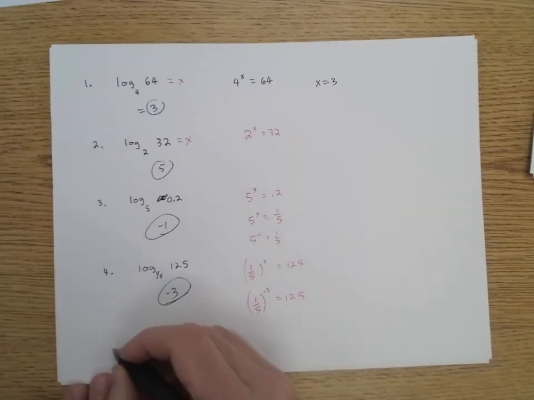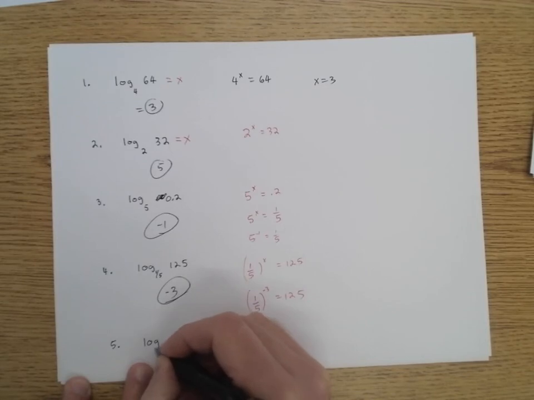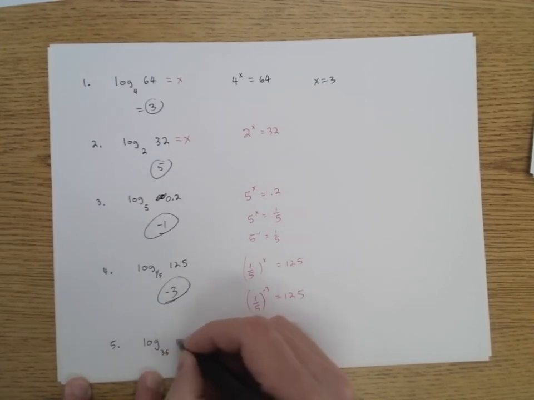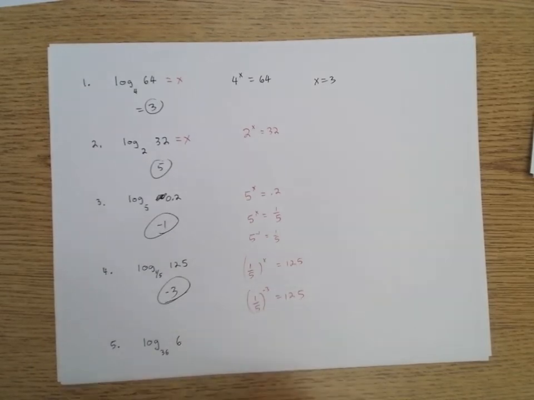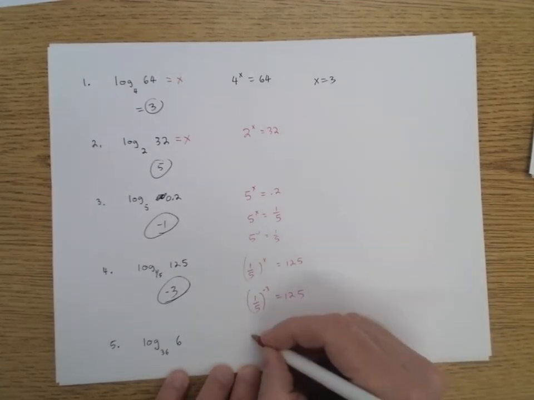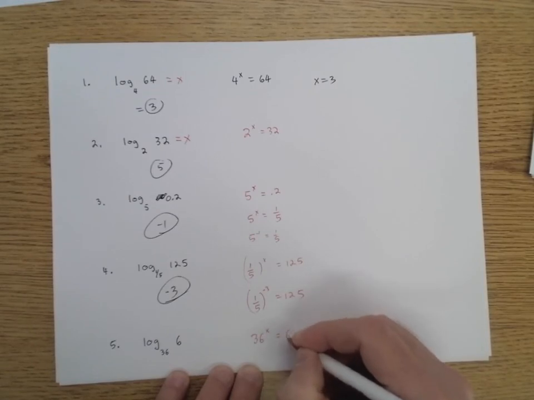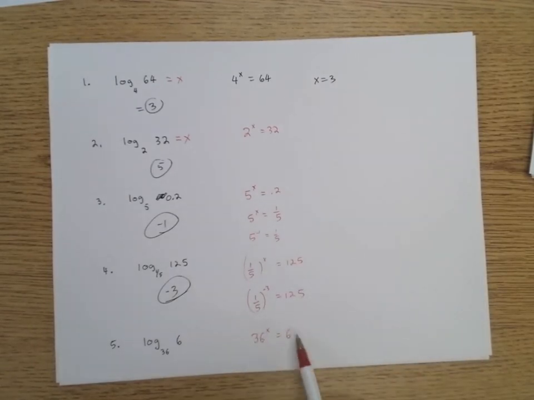Okay. One last one like this that we'll go through. Log base 36 of 6. So in this case, 36 to the power of x equals 6. Well, how do you get from 36 to 6?